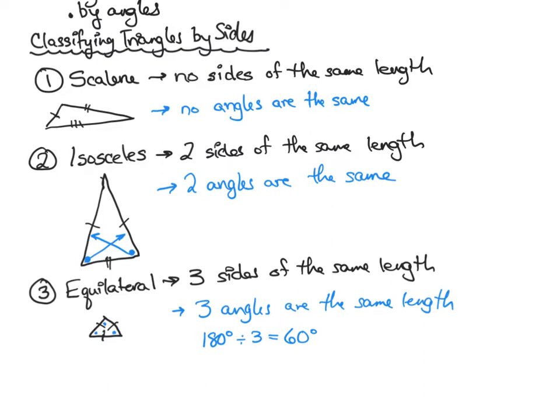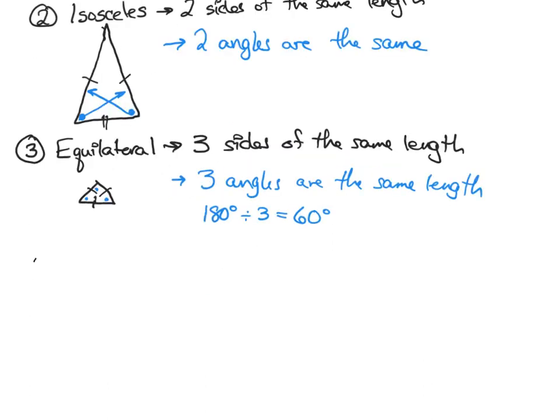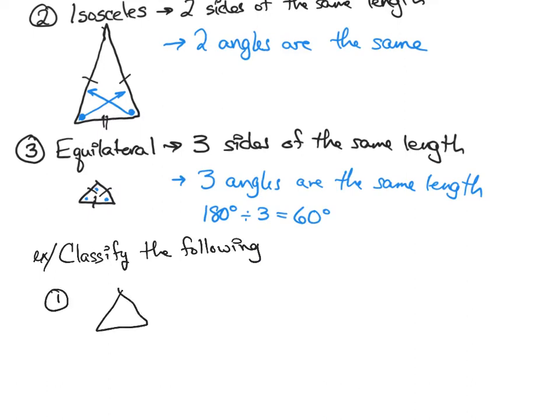So let's try some examples. Classify the following. In a question like this, it will give you a picture and it will ask you to tell me what each type is.